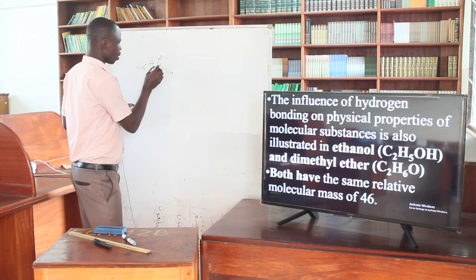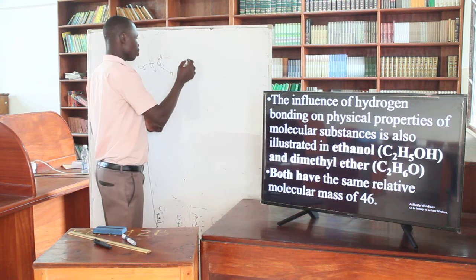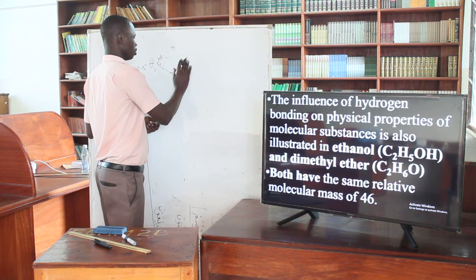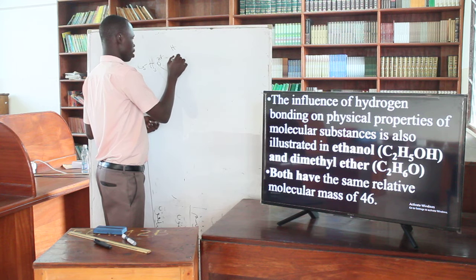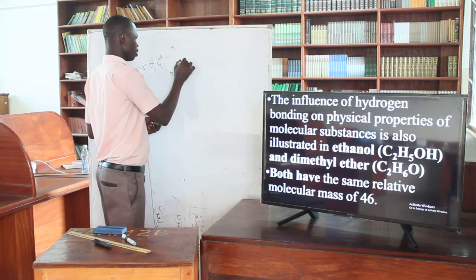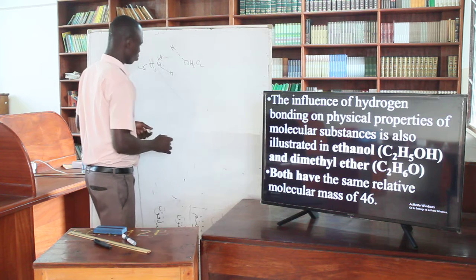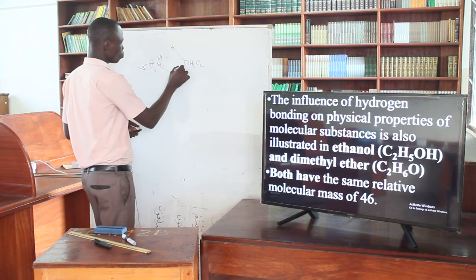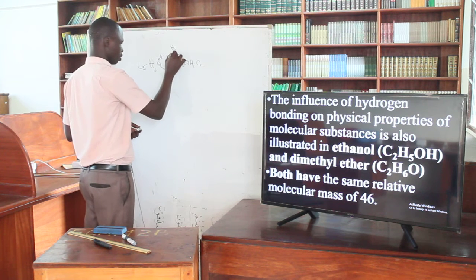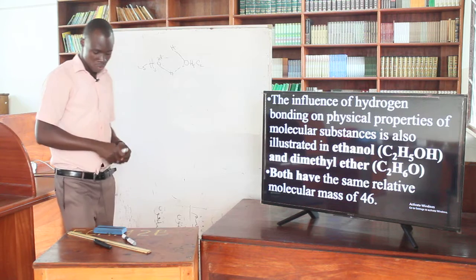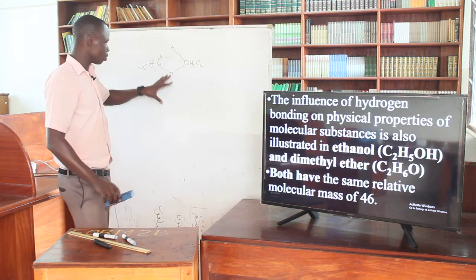We'll be having another one here, then another alcohol will be having that one here, with an O somewhere here. Then we have C2H5. So there's going to be an attraction here, there's going to be an attraction there. Therefore, there's going to be development of hydrogen bond.